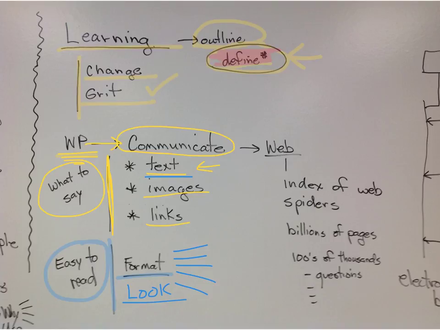Get the text in there and then make that text easier to read by formatting. Two major things then: we format and we edit. And then there are efficient ways of doing both of those.